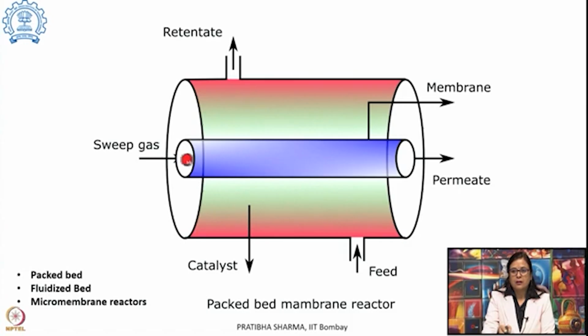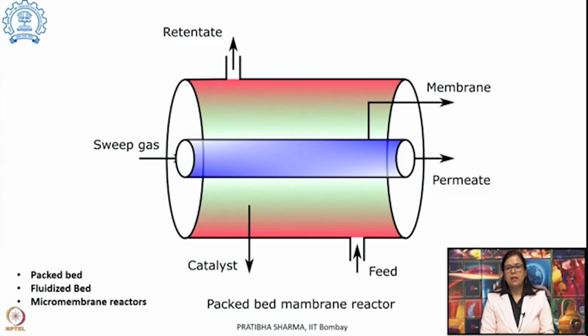In the center is the membrane, which is on a support. The feed enters, undergoes the reaction, and hydrogen selectively permeates across the membrane and is collected. However, the remaining gas is obtained, which is the retentate.